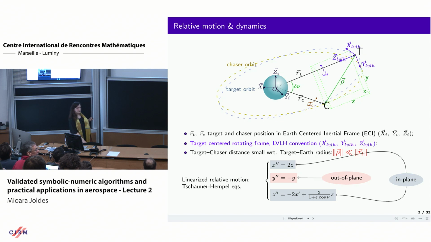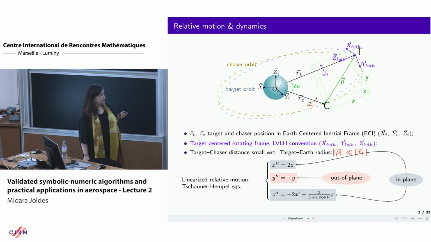With this linearization, we can decompose the movement of the chaser into a movement only in the orbit, what we call in plane, and a movement out of plane, which is in this case just a simple oscillator. So then the movement is decoupled, and as you can see, this is a very simple oscillator, and the in-plane movement is a little bit more involved, depending on the true anomaly here that I told you.